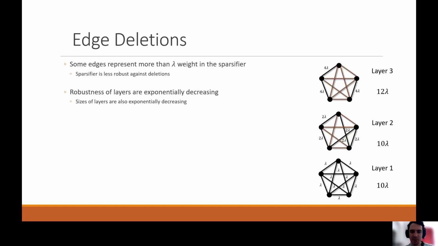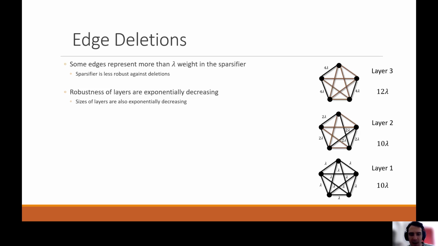Now, edge deletions are a bit more subtle. The sparsifier is less robust against deletions than it is against insertions. The reason is that in the resulting sparsifier we return at the end, some edges will be representing very high weight. And if those edges happen to be deleted, we would be somewhat in trouble.